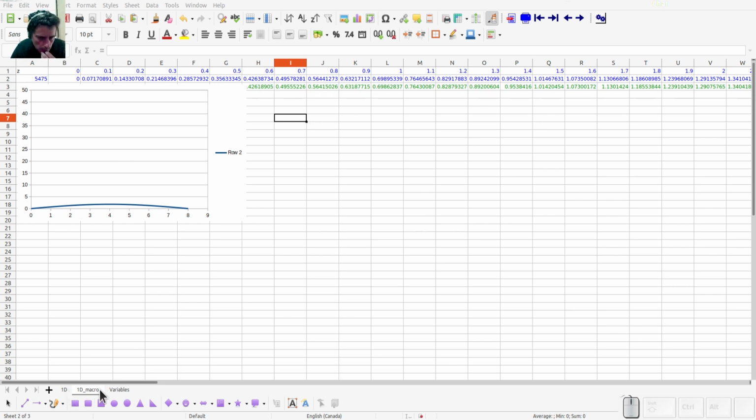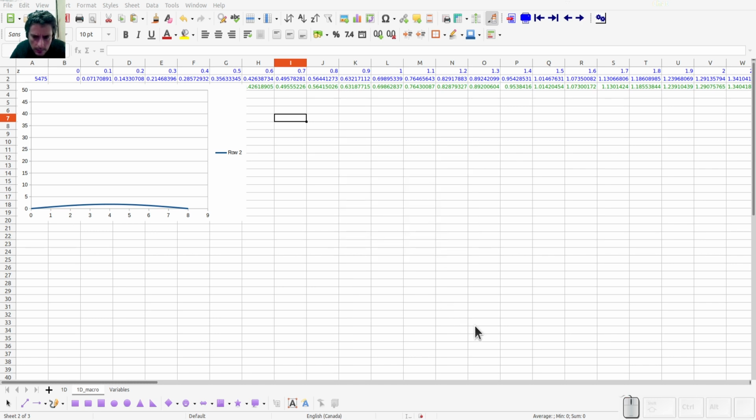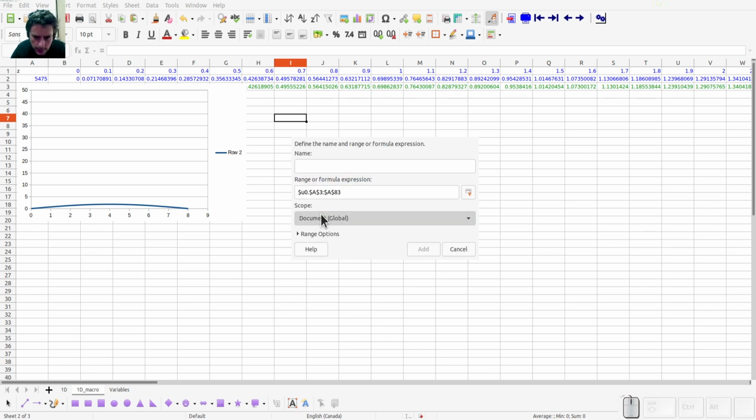Okay, so 1D consolidation. We still have this is defined as x, and this is defined as z within the scope of this sheet, right?